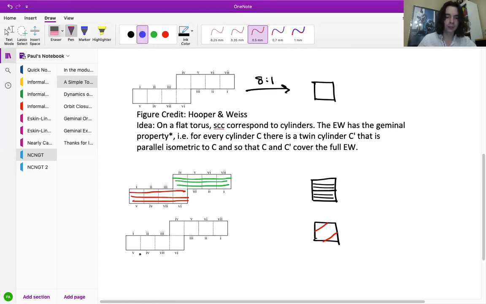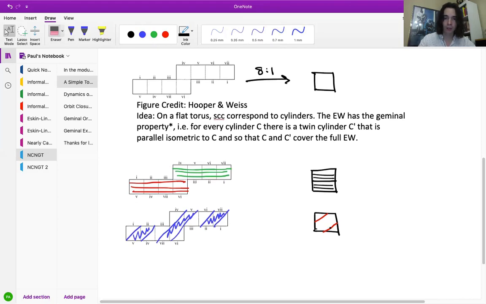And what that becomes on my Eierlegende-Wollmilchsau cell, when I lift it, I get this cylinder here, which I'll shade blue, and its complement, which we have guaranteed is isometric, parallel, etc., which is this unshaded white cylinder. And so the geminal property implies that whenever I see one cylinder, in fact, the preimage of any cylinder on the flat torus just consists of two homologous cylinders.